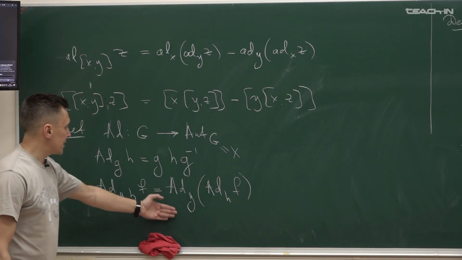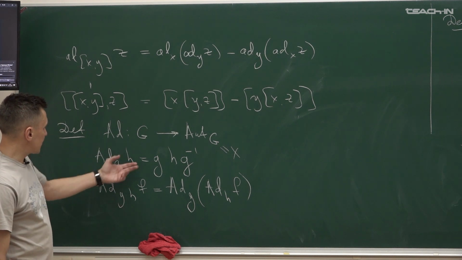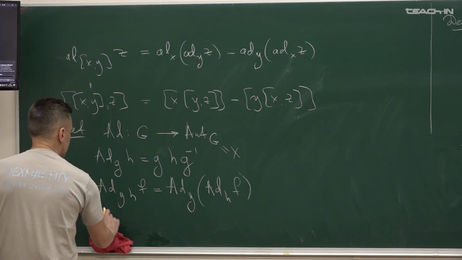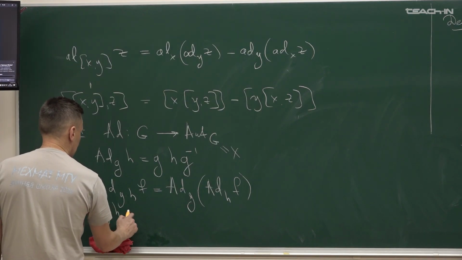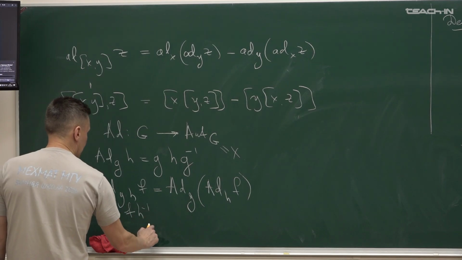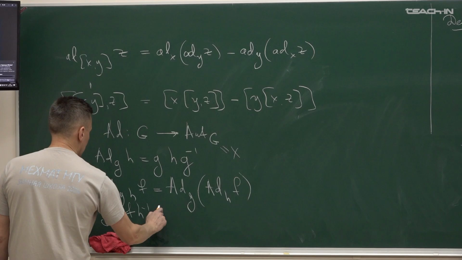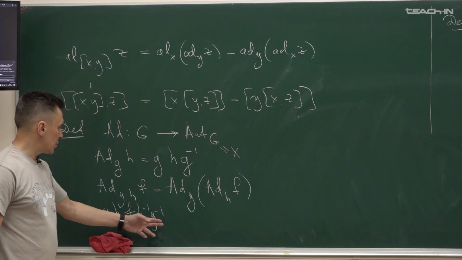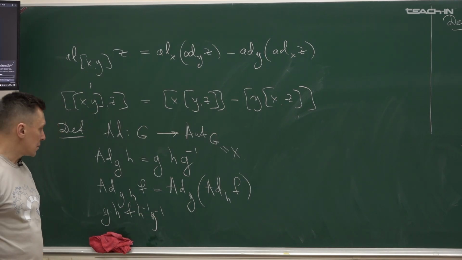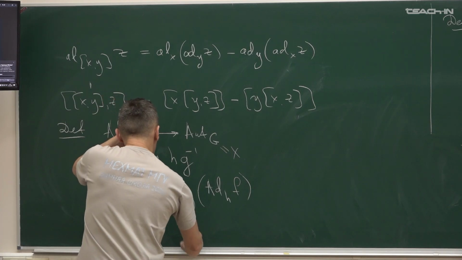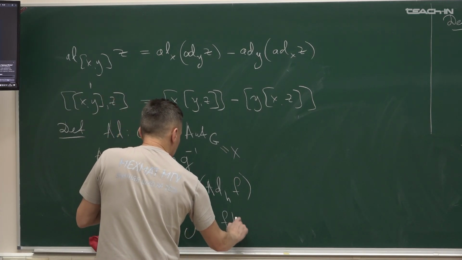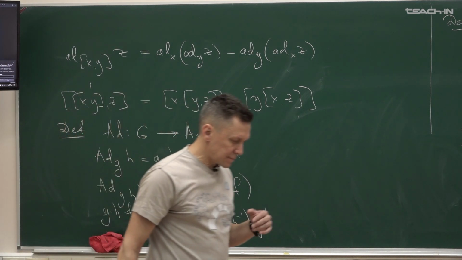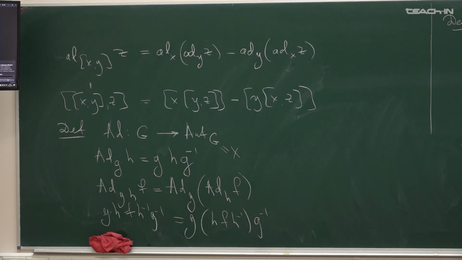The left-hand side is gh f (gh)^{-1}; I inverted gh, and it is h^{-1} g^{-1}. On the right-hand side, we have g h f h^{-1} g^{-1}, and it is the same.